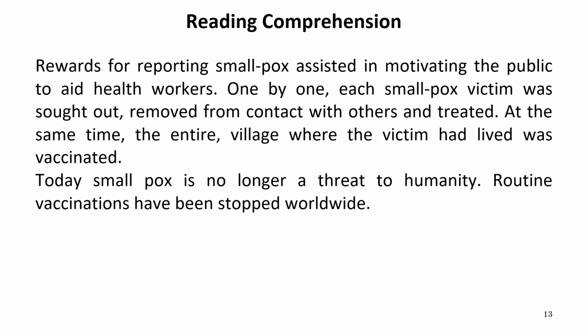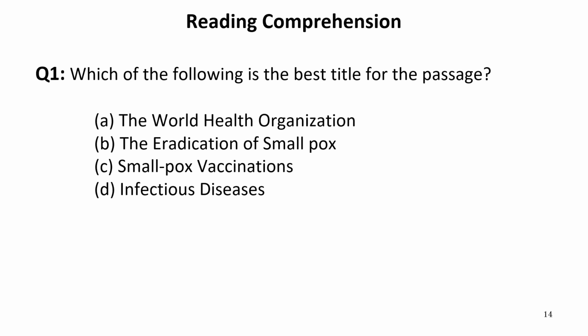Now let us see the questions first. Which of the following is the best title for the passage? The World Health Organization. Are we talking about the World Health Organization? No. The eradication of smallpox? Yes, we are talking about eradication of smallpox. With the starting 2 lines, we can conclude that we are talking about eradication of smallpox. We are not talking about smallpox vaccinations.